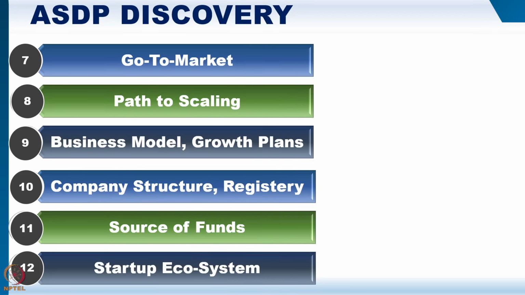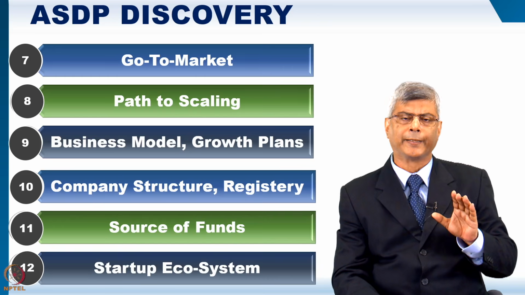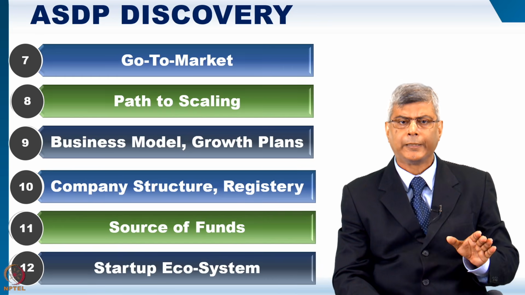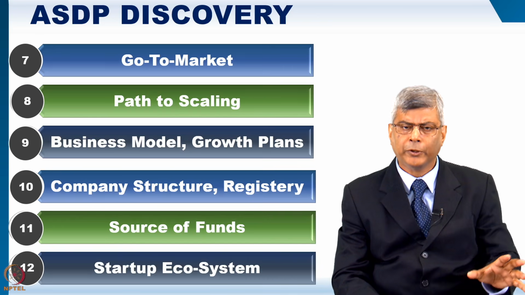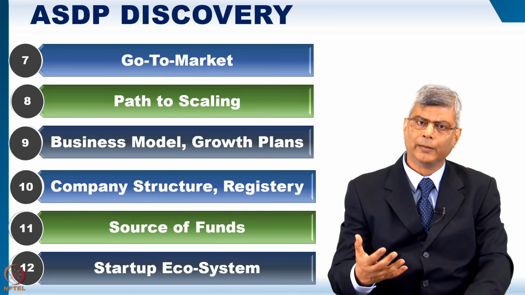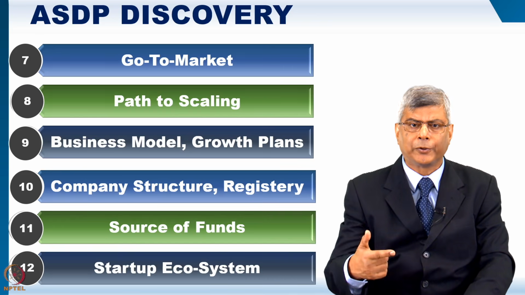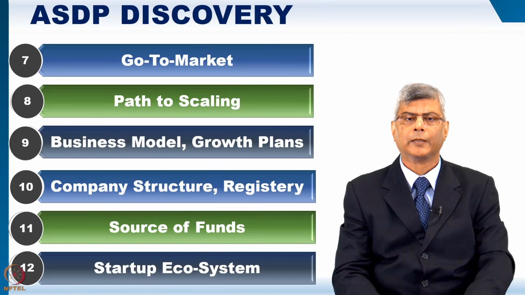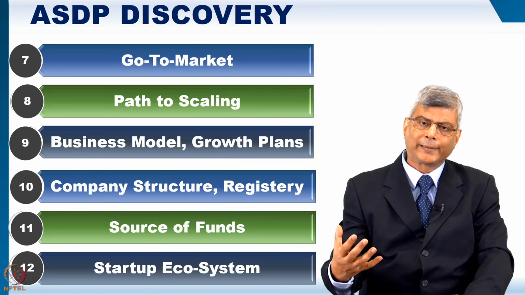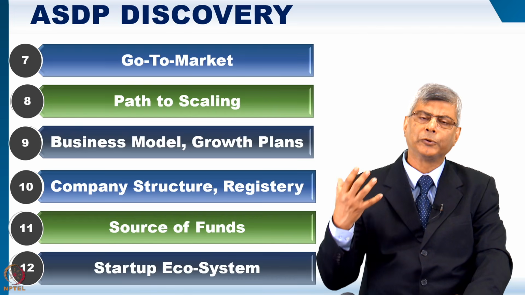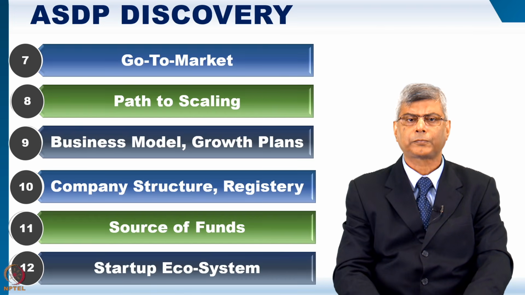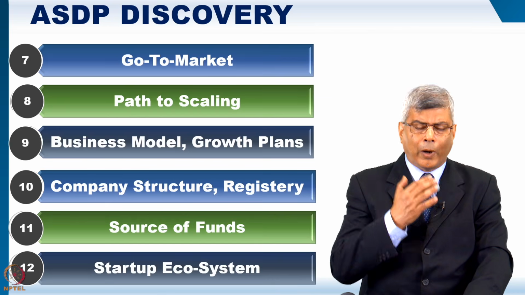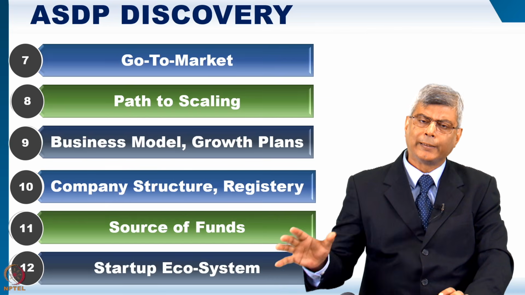So moving on, once you have got your customer problem and customer persona identified, your value proposition, and your solution design, as well as your unit economics validated through iterative execution, the question is how do you take it to market? So that's the go-to-market. And once you have successfully gone to market, the question is, how do you scale? Whilst you do all of this, there are also other things that you need to do.